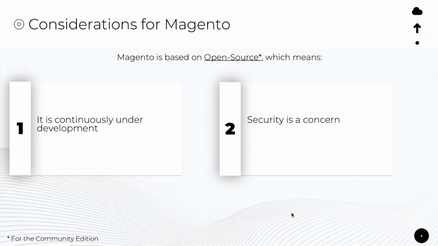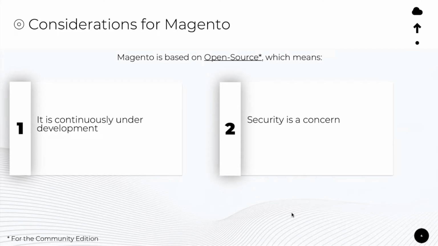First of all, Magento is based on open source. There are different offerings from Magento, but at the end, Magento is based on open source, and there is a lot of integration also with open source components or third party or blogs.